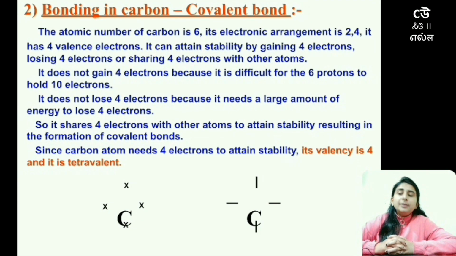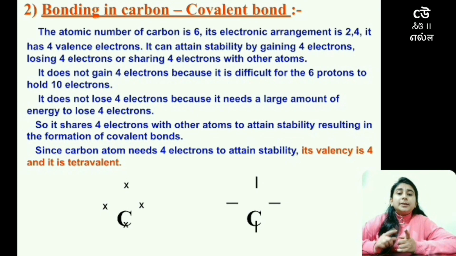For example, let's just take sodium and chlorine. So sodium, since it's a metal, as per its nature, is the one that will lose an electron, and chlorine, since it's a non-metal, as per nature will gain an electron.